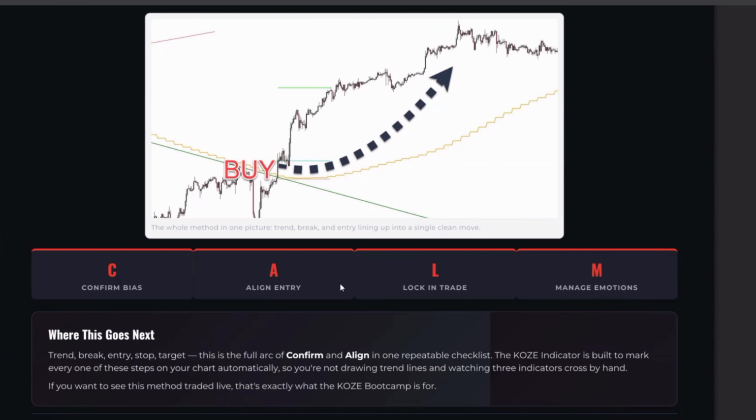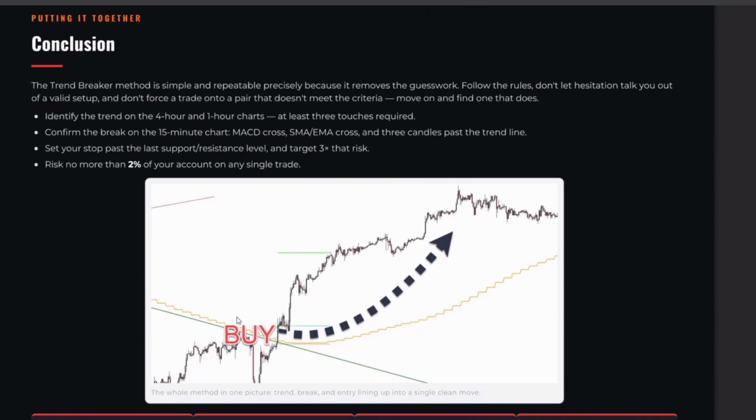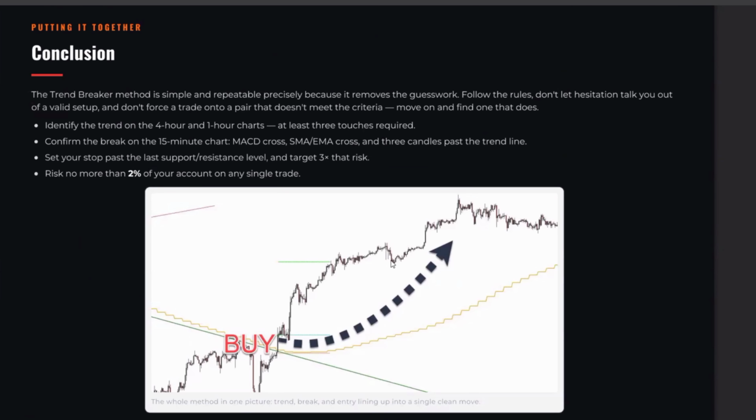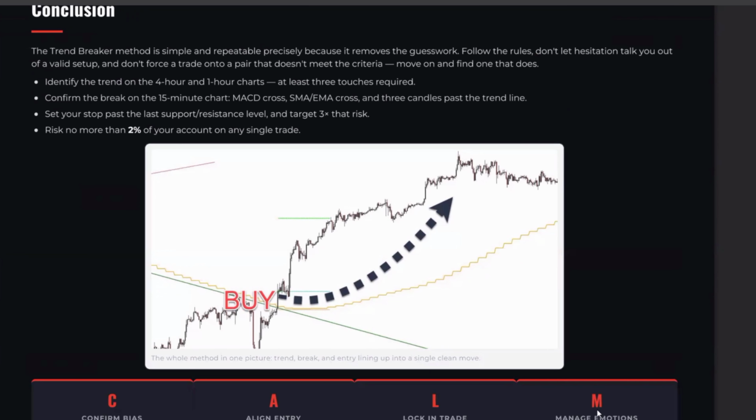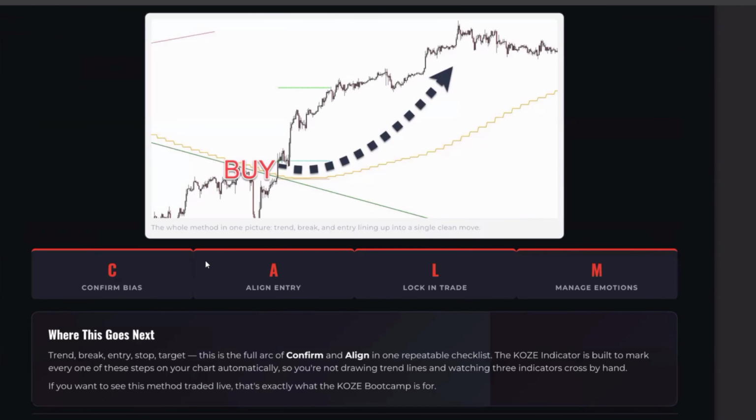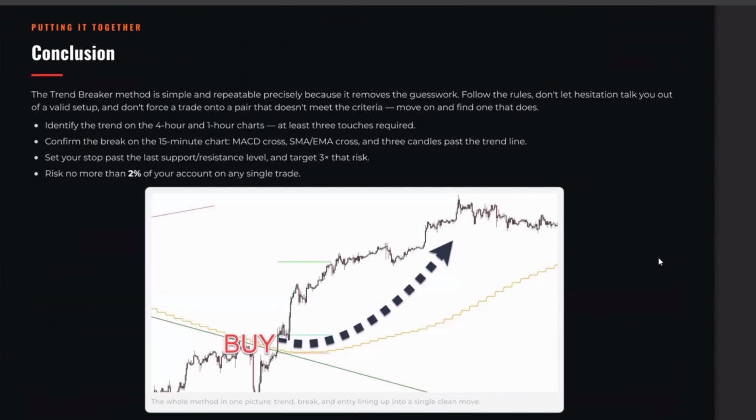This is going to be day 3, the final boss of trading. Today was more about risk management, understanding how to place your stop loss and when to take profits and all of that stuff using the tools that we have available for you. And then we're going to learn how to lock into the trade and how to manage those emotions while we're in them. So that basically brings us to the end of today's session.